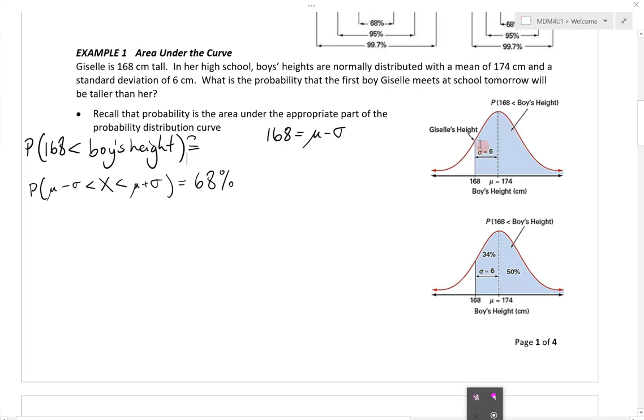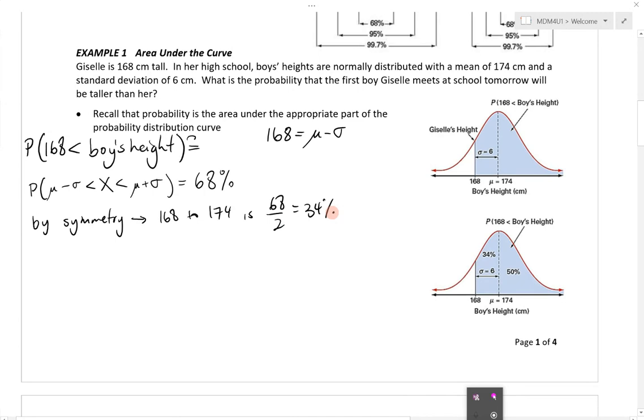Remember, the 68% represents x between 1 sigma below the mean and 1 sigma above the mean. But if I just take 1 sigma below the mean, it's going to be half. 68 divided by 2 is 34. So by symmetry, the interval between 168 and 174 is 68% divided by 2, which is 34%.